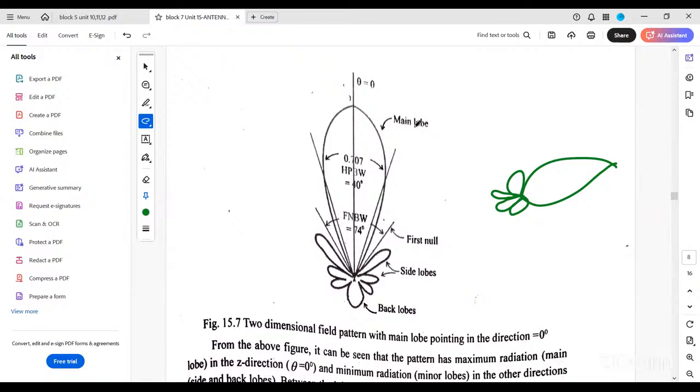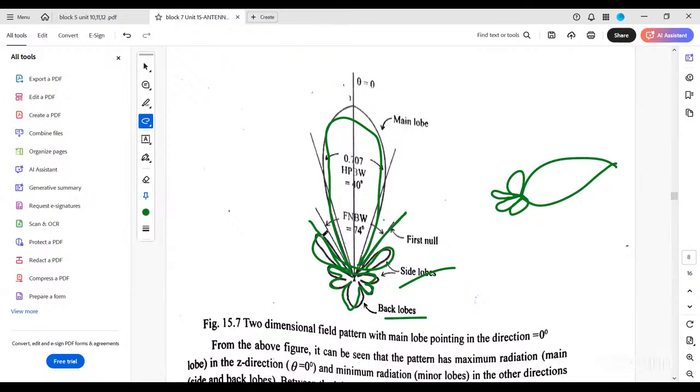The bigger one is the major lobe, the main lobe. Beside it you have smaller ones, those are side lobes. And here you have a few more backside lobes forming. These are called back lobes, side lobes, main lobe. Next, based on this, the half power beam width, HPBW, the angles are mentioned. Whichever direction we choose on two sides, that one is the first null.